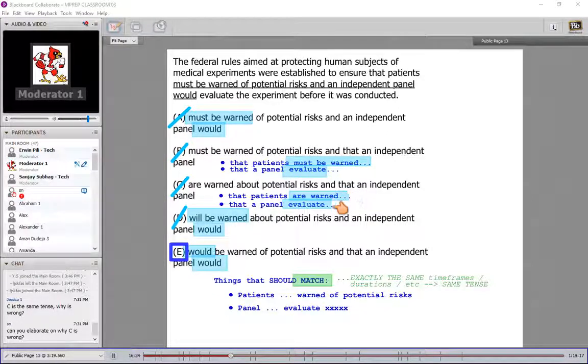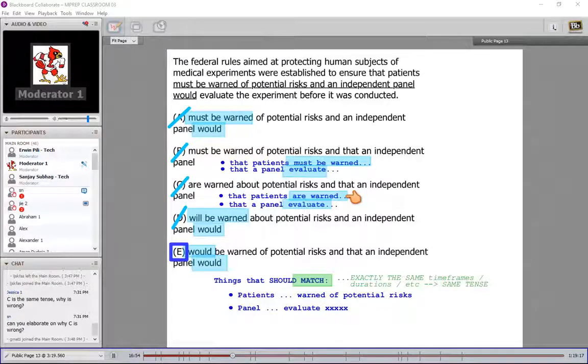Okay, so these are not the same tense. If we talk about this stuff, patients are warned would just be the present tense. That would just be like I am happy, or the kids go to school every day. Guys, please don't click the hand raise button.